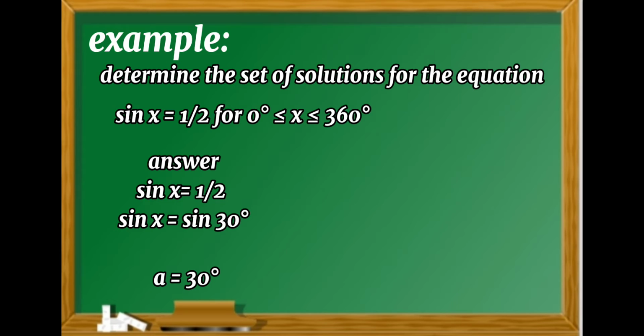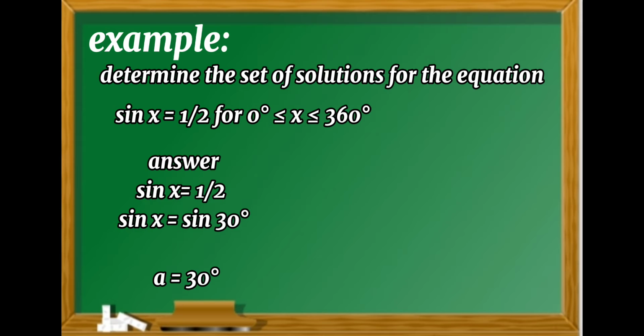What is the formula? x equals alpha plus k times 360 degrees. So we just input it: x equals 30 degrees plus k times 360 degrees.